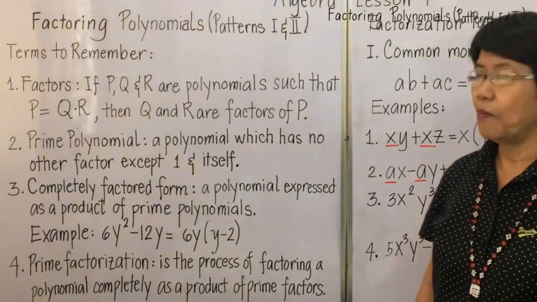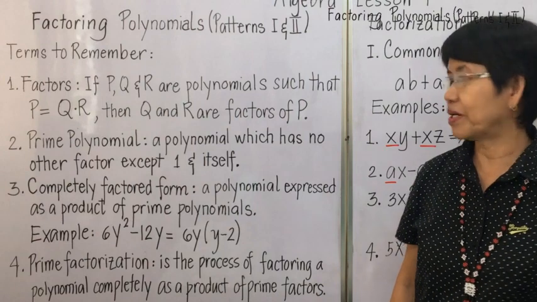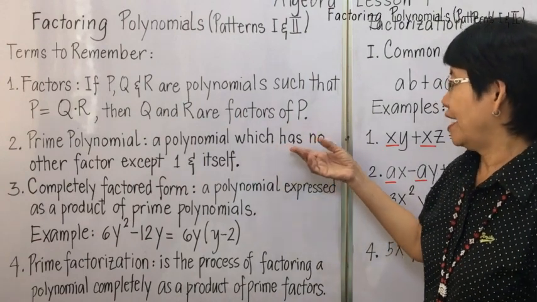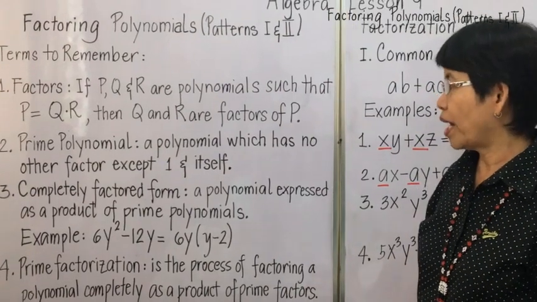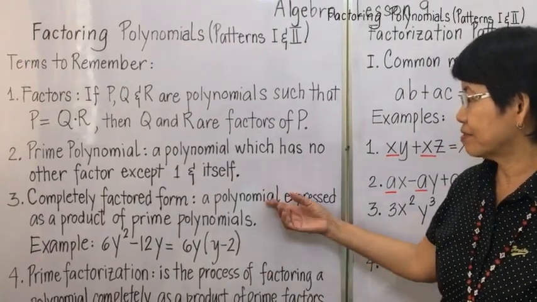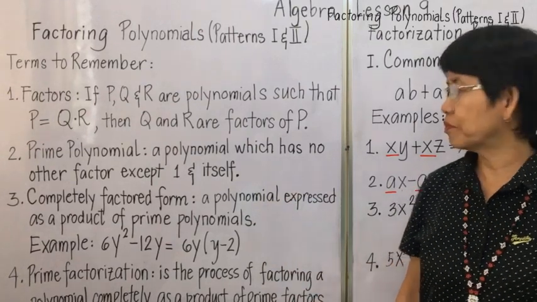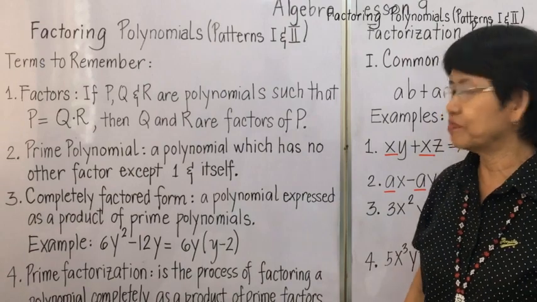Number 2, prime polynomials. A prime polynomial, like a prime number, has no other factor except 1 and itself. And completely factored form is a polynomial expressed as a product of prime polynomials.